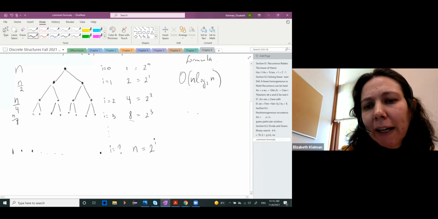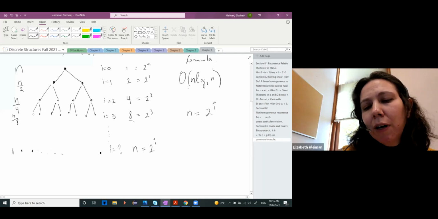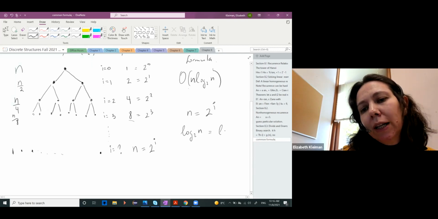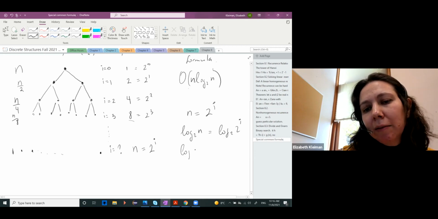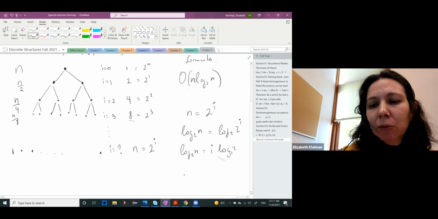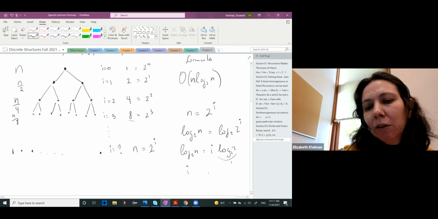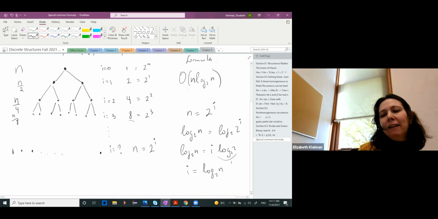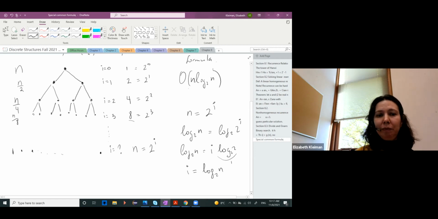But if n is equal to 2 to the power of I, let's apply log base 2 on both sides. This is the same as I log 2, and this is just 1, correct? So I'm going to stop when I is log base 2 of n.